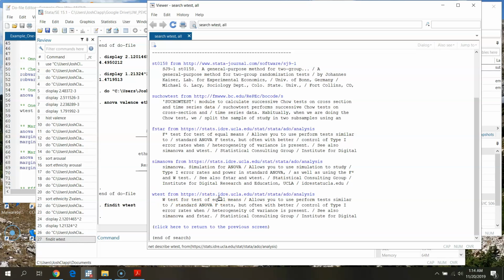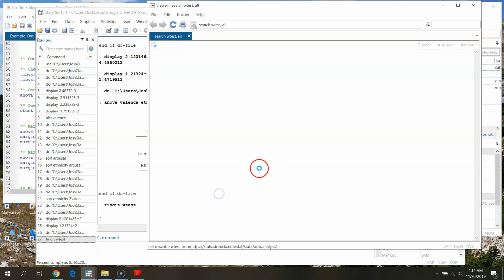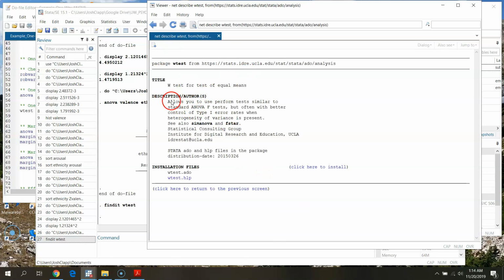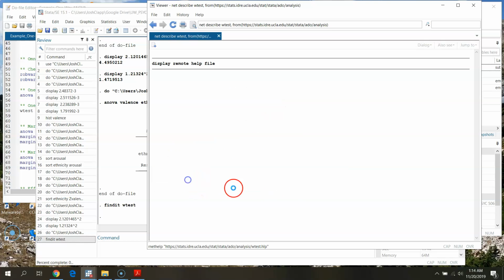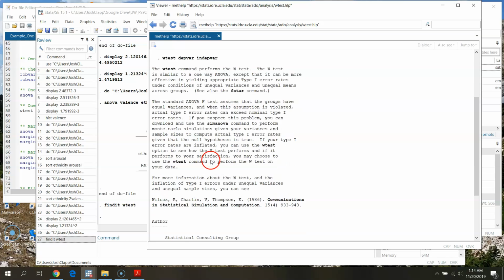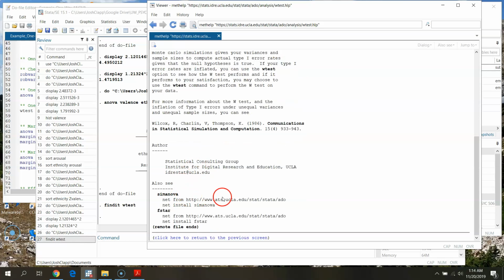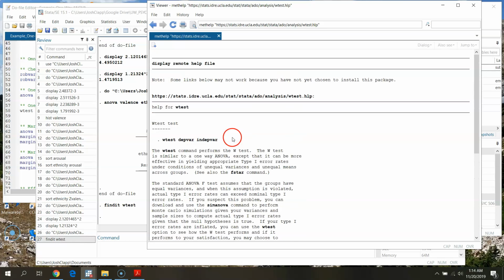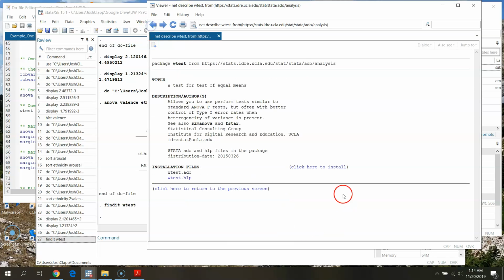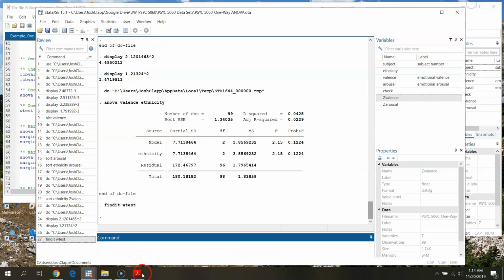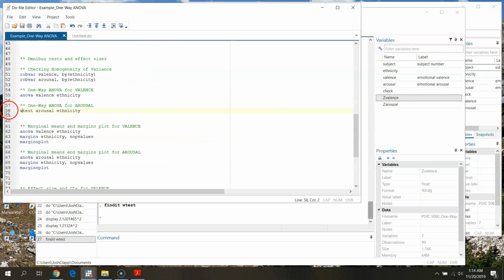If we click on that, you'll see it gives you the help file for this, telling what W test is and how we use it. What you would need to do is just click on install, and it'll download the package and you can use it. Nice feature of Stata. I've already got it downloaded here.